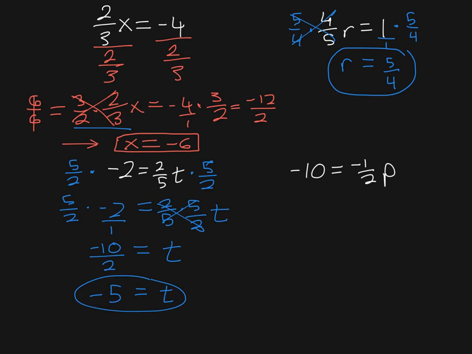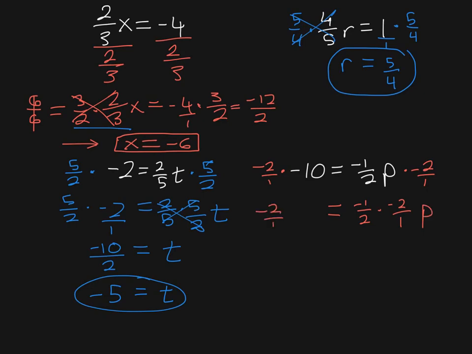And our last example here, same thing. Negative 10 equals negative 1/2 times p. We can multiply. Now, this is negative 1/2. I need to multiply by negative 2 over 1, times negative 2 over 1. On the right side, I can rearrange these. Negative 1 over 2 times negative 2 over 1 times p.